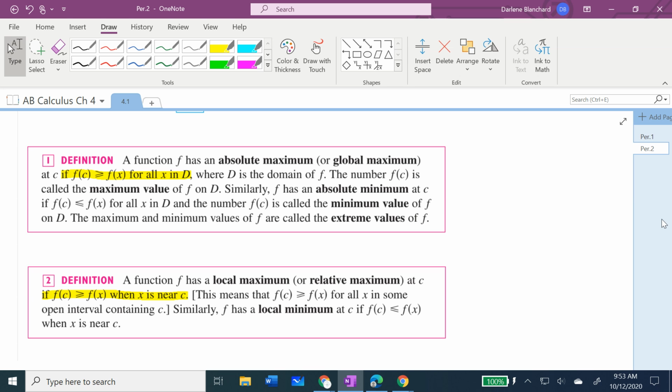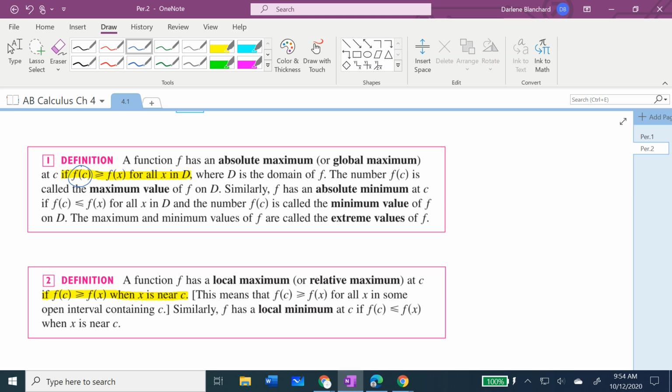The key thing I have highlighted: for the absolute, you are looking at the y value at that particular c x coordinate is the largest y value for all x in the domain.